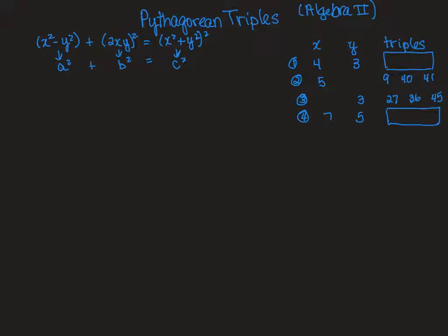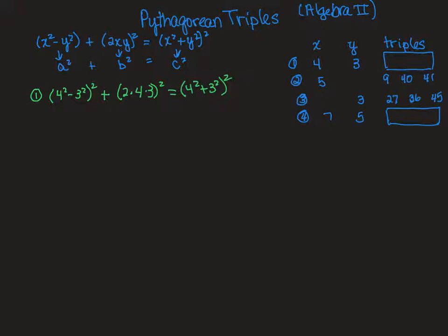So I go to this equation: 4 squared minus 3 squared, squared, plus 2 times 4 times 3, squared, equals 4 squared plus 3 squared, squared. I'm just substituting in X and Y.